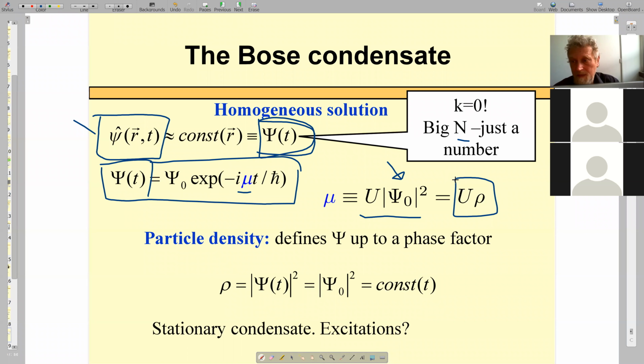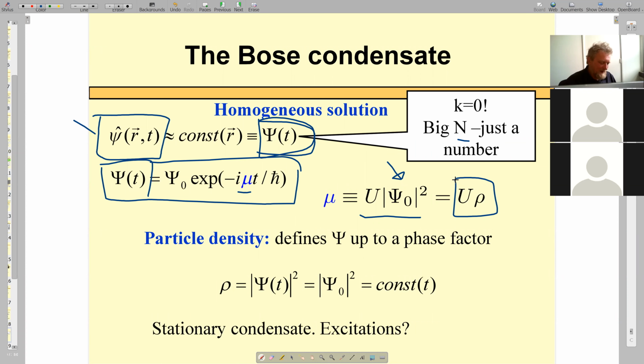Mu is the energy per particle, and it's proportional to the interaction and the concentration of all other particles. In fact, we reach an important point, but it required so little effort that perhaps we cannot appreciate it. But anyway, it's a solution for the ground state of superfluid theory, a stationary condensate.